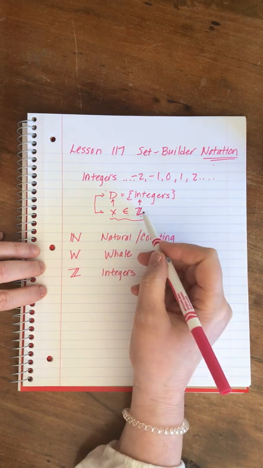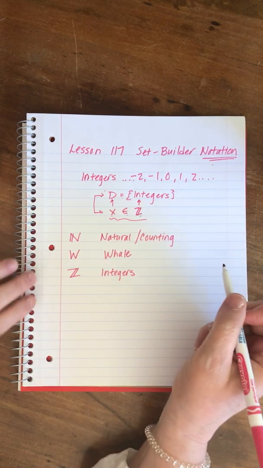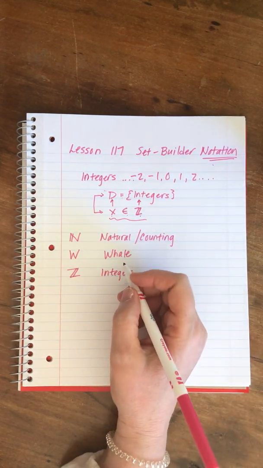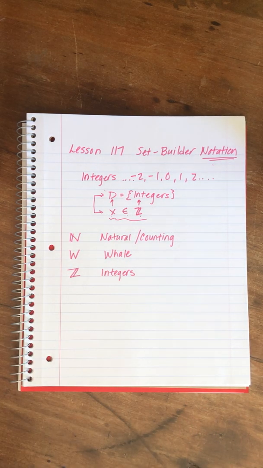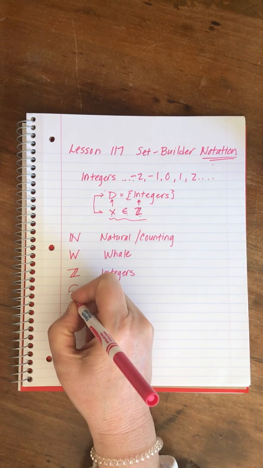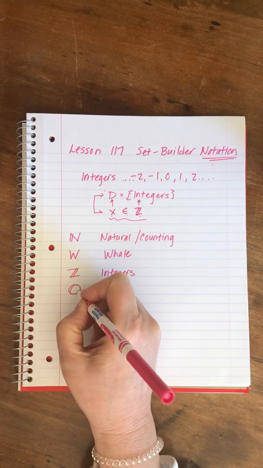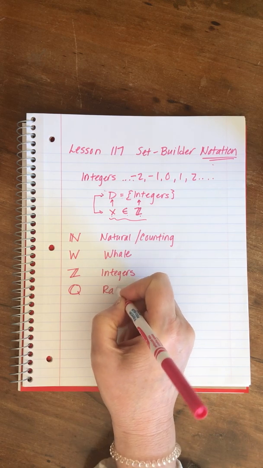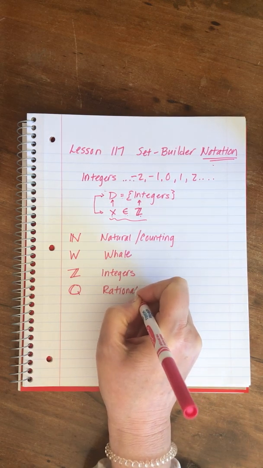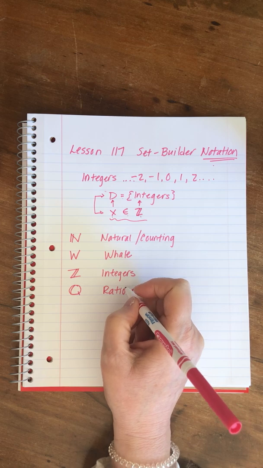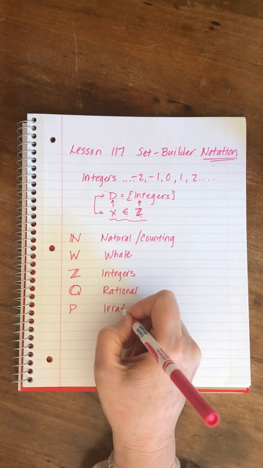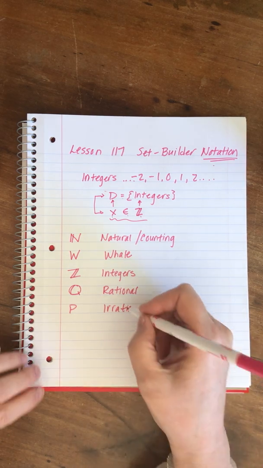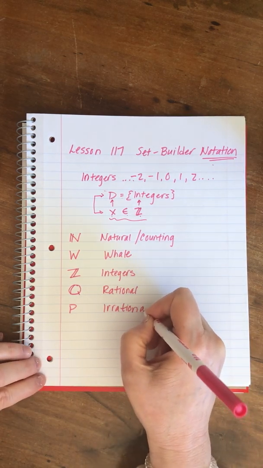Okay, so these are all the symbols we can put into an expression like this if we want to. Rational numbers. It's a Q with a little bar on the side. These are the rationals. We don't usually use those either. And then P equals the irrationals, the ones with the non-repeating infinite decimals, right?